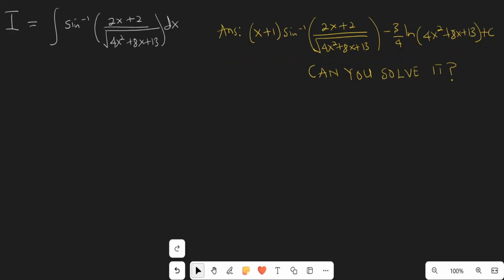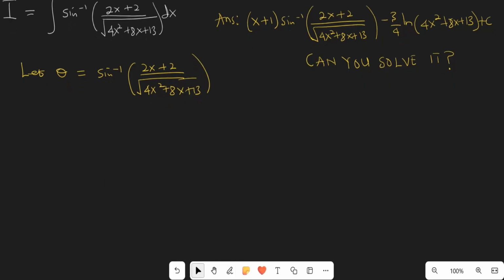I'm going to start off by letting theta be equal to the integrand. So theta is the sine inverse of (2x + 2) divided by the square root of 4x² + 8x + 13.